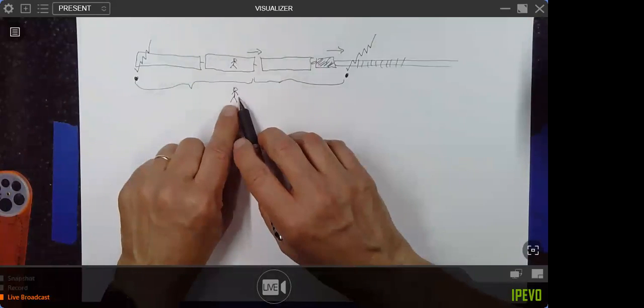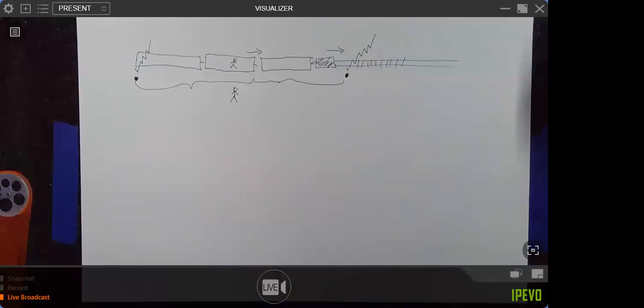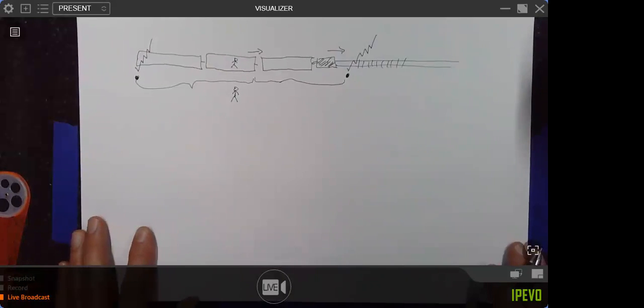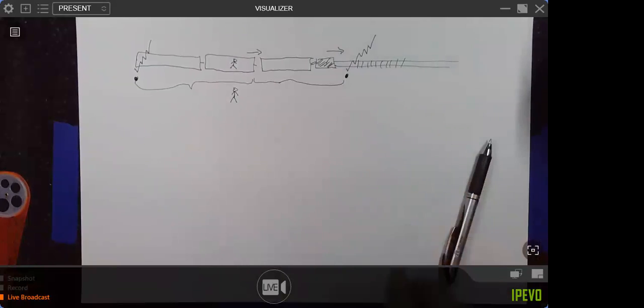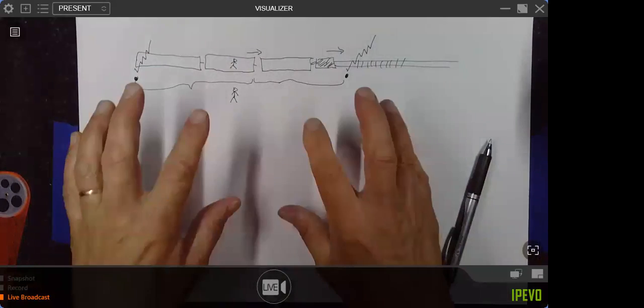Then how is this person going to observe it? So those are some kind of bizarre things that are predicted by special relativity.